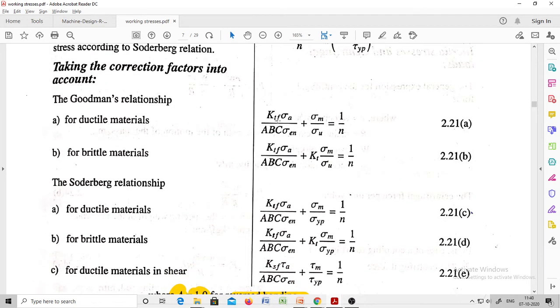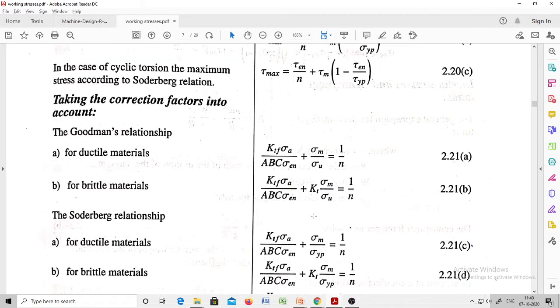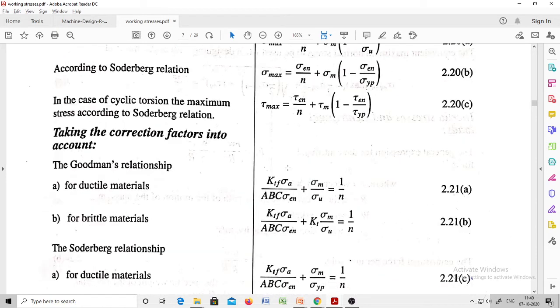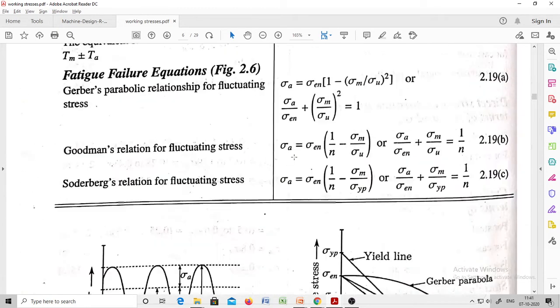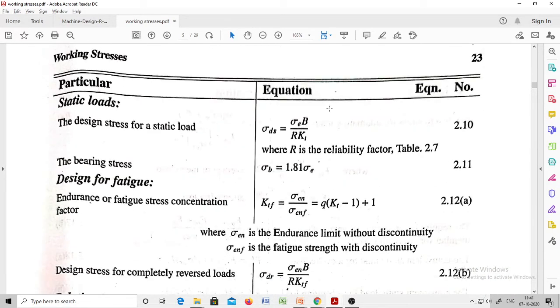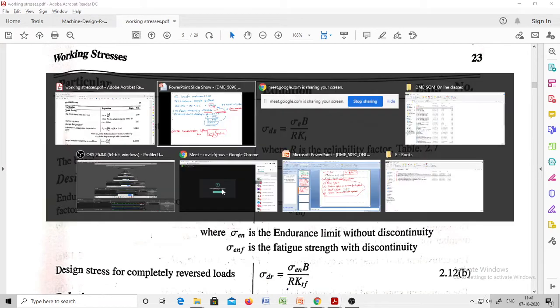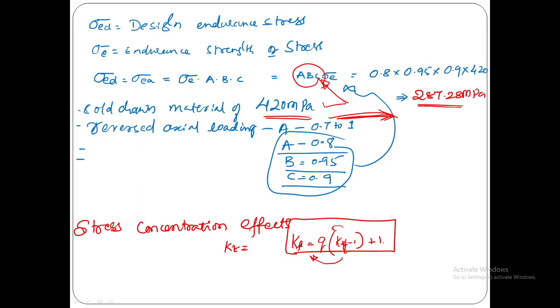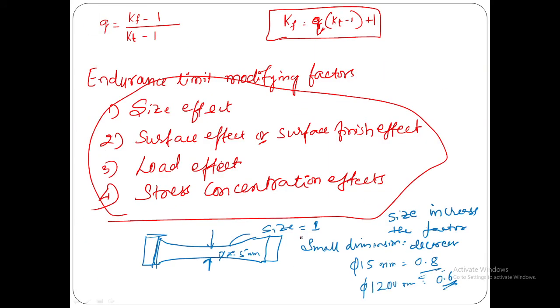Here they have used KTF, which stands for fatigue stress concentration factor. What I noted yesterday, we noted as KF, fatigue stress concentration factor.